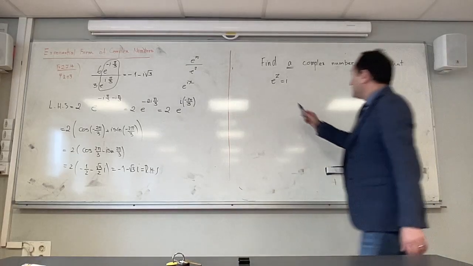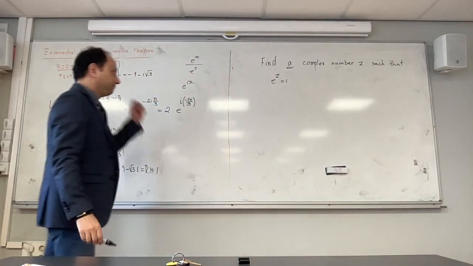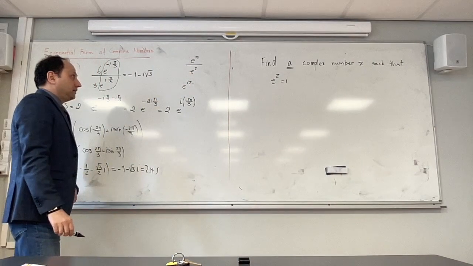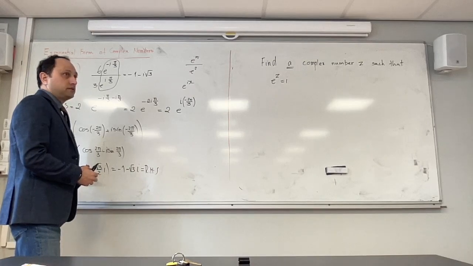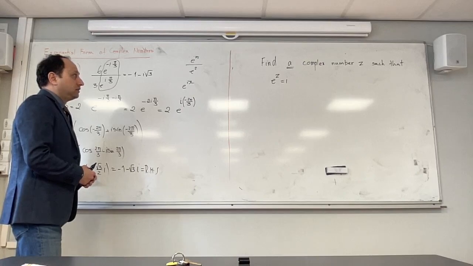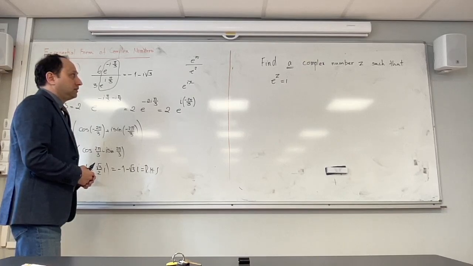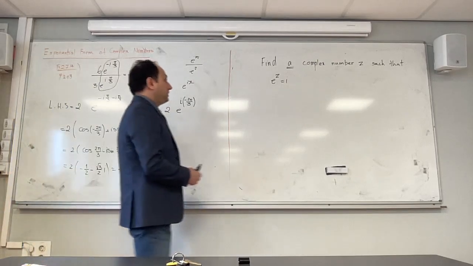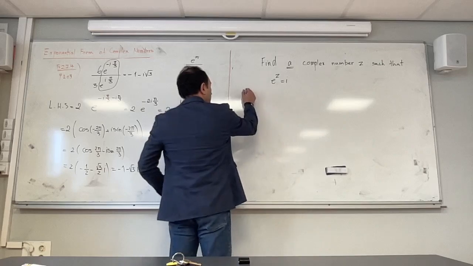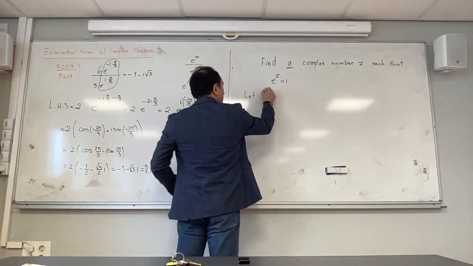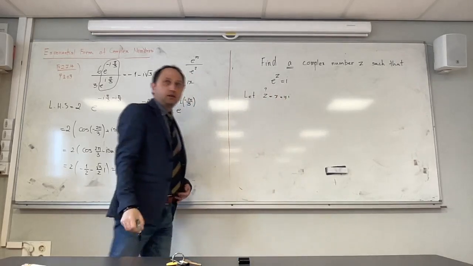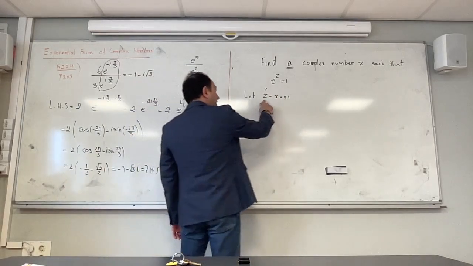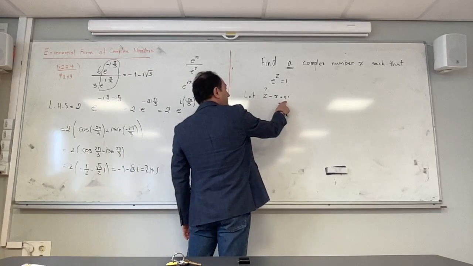So e to power z is equal to I. Okay, so how can I do that? Maybe we can write it in standard form and then choose. Okay, exactly as before. So I would say let z that I am looking for be equal to the standard form, as you said. Yes? But of course, when I write it in the standard form, then I have two problems rather than one problem.